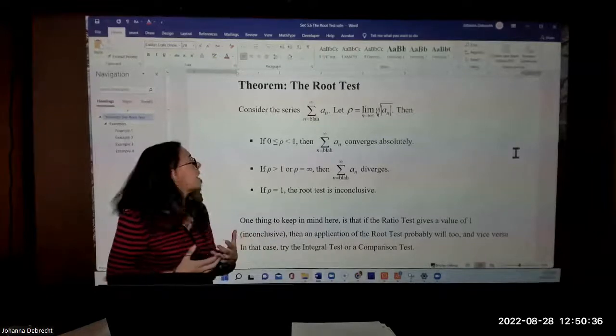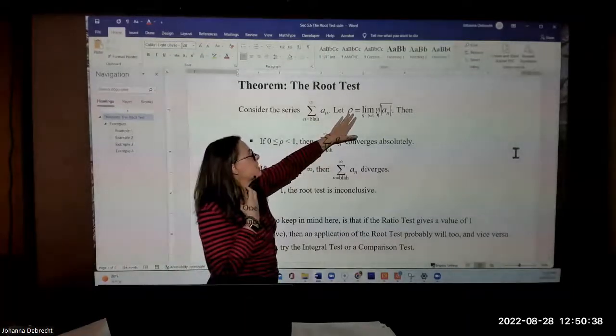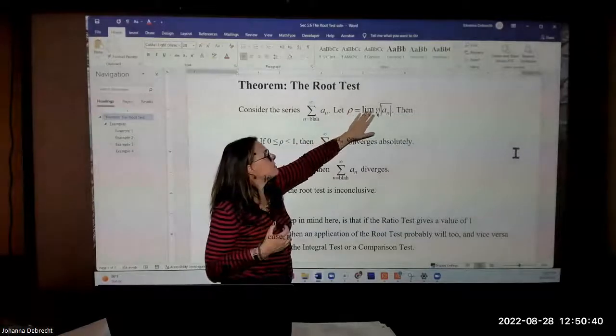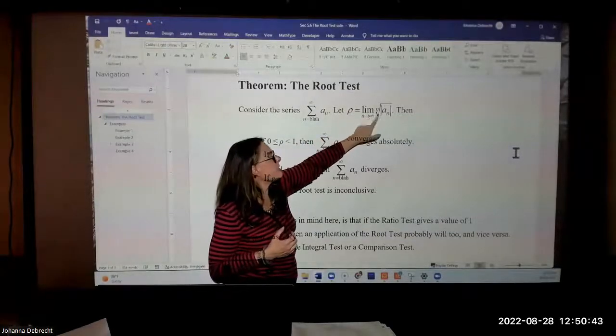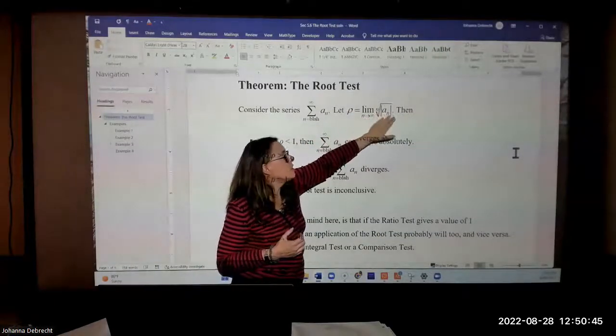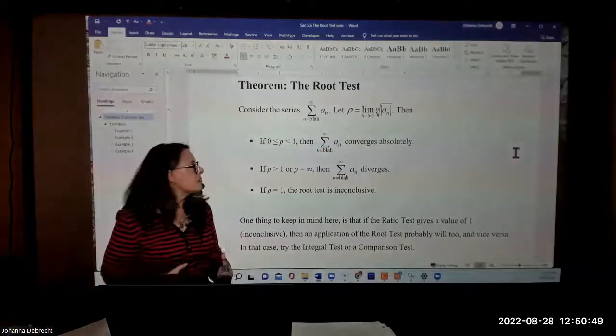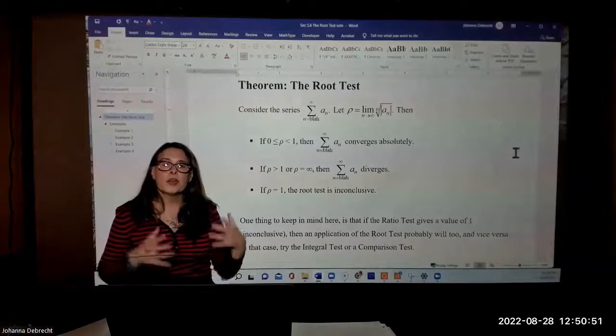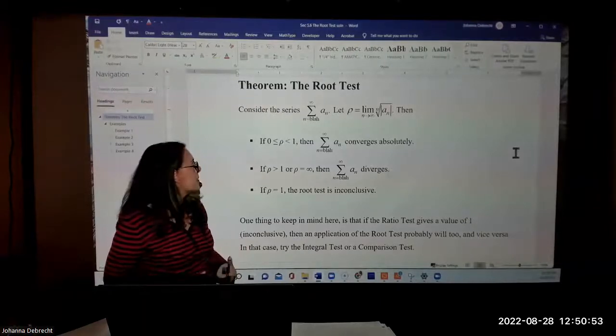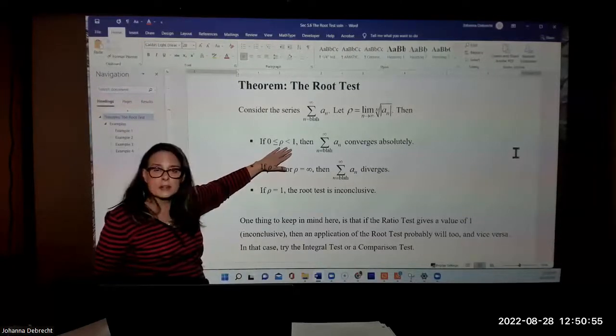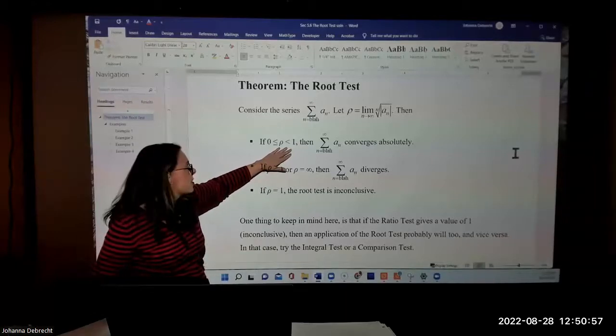Then the root test says to go ahead and find rho, where rho is the limit as n goes to infinity of that root of the absolute value of the summand. So it's the nth root of the absolute value of the summand. Then we get the same conclusions that we got with the ratio test.